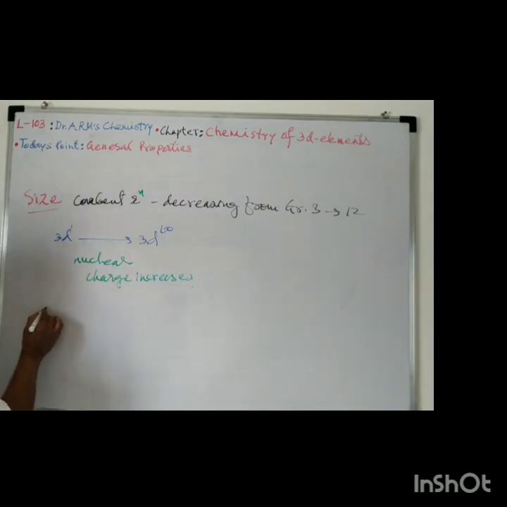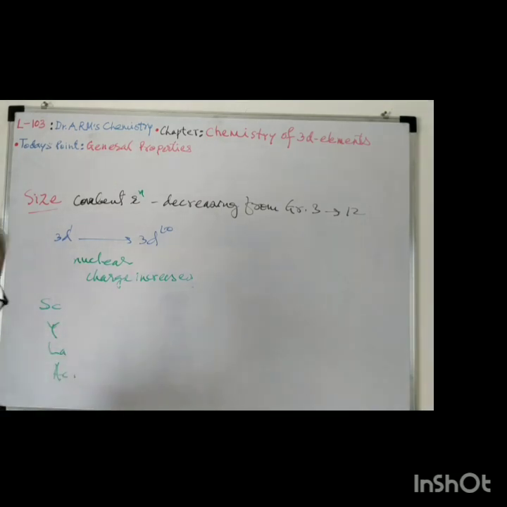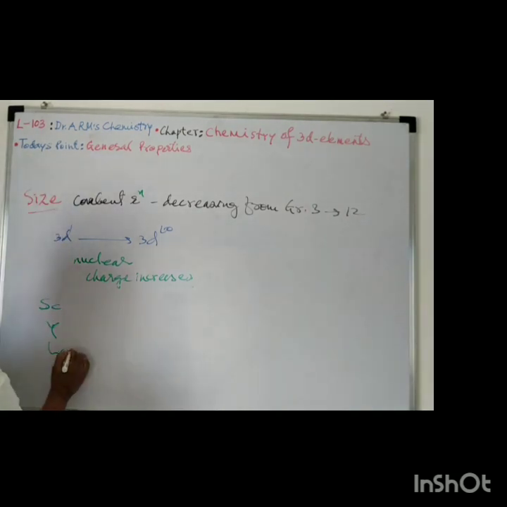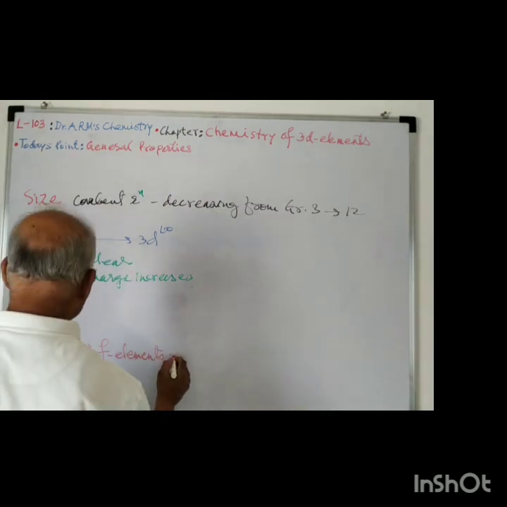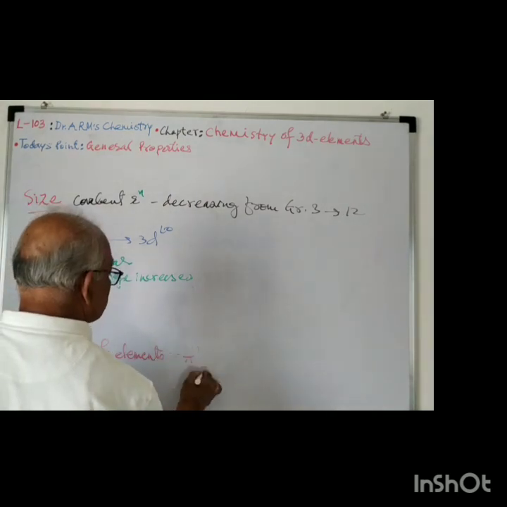For example, in the case of scandium, yttrium, lanthanum and actinium, we know that there are 14 f elements, and then next to them is hafnium.